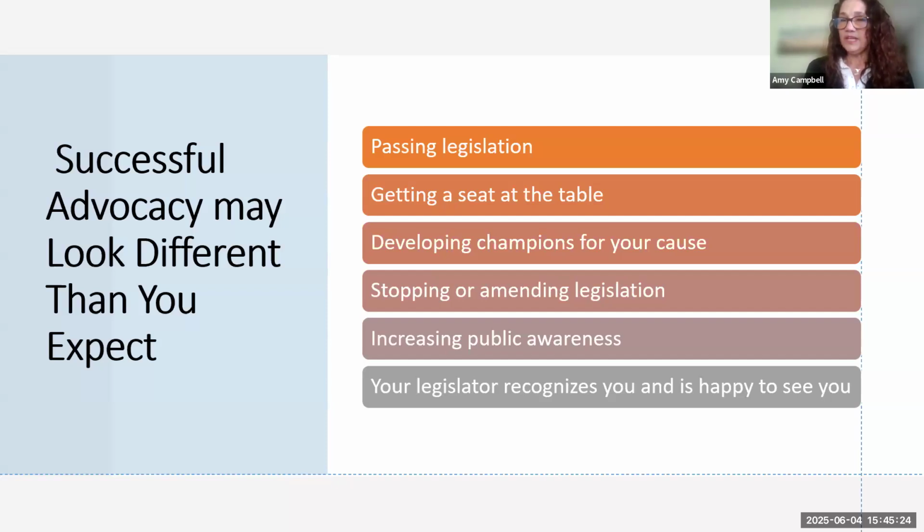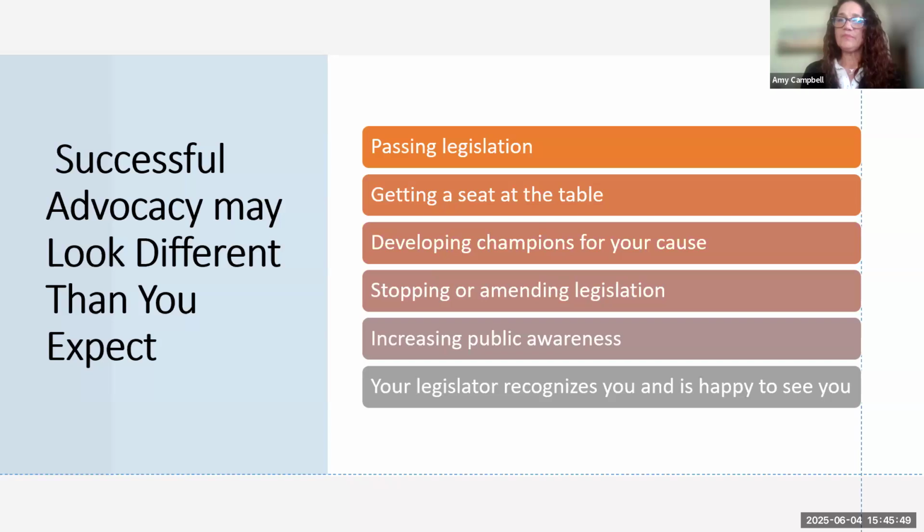We have a lot of new legislators that have been elected in the last election that are lovely people, but they don't know anything about healthcare. They don't know anything about disability services. Any average person on the street is going to be completely confused by Medicaid and TANF and SNAP.